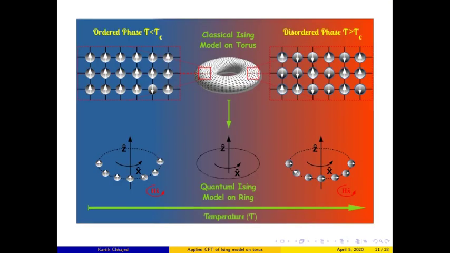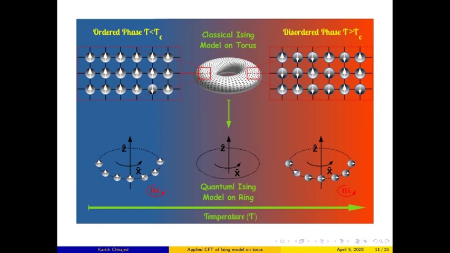So this is the picture of what I have said so far. In the classical Ising model, when the system was in the ordered phase, which means when we were below the critical temperature, the spins tended to align in one direction, whereas when we were in the disordered phase, above the critical temperature, the spins were aligned randomly.